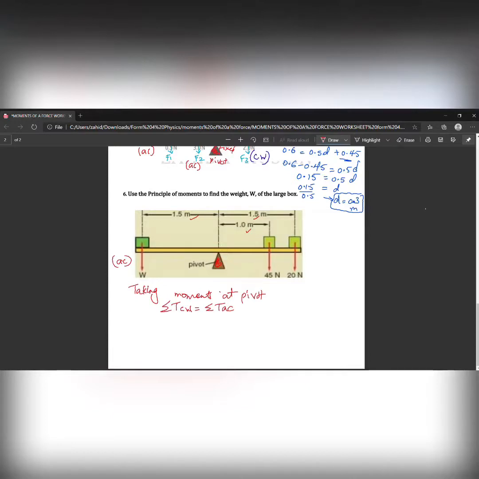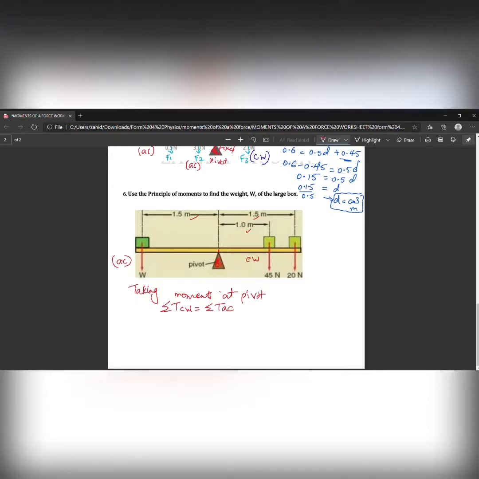What about 45 Newtons? Ignoring all other forces and only analyzing 45 Newtons, the same concept applies. So I'm pushing down on my 45, and the whole thing is actually going to go in a clockwise direction by exaggeration. Sorry, I was writing anti-clockwise. Let me erase it. So this is going to go in a clockwise direction.